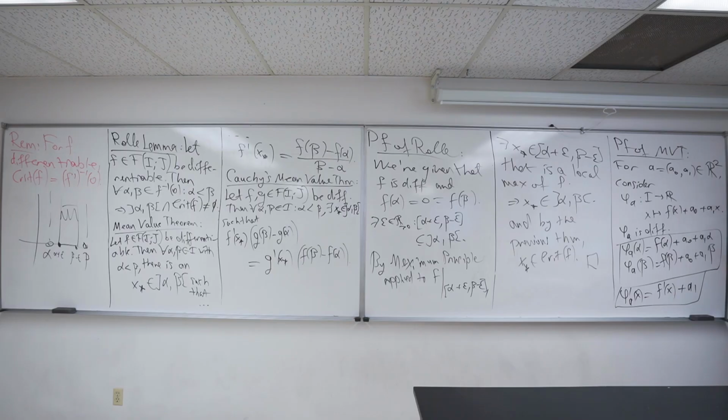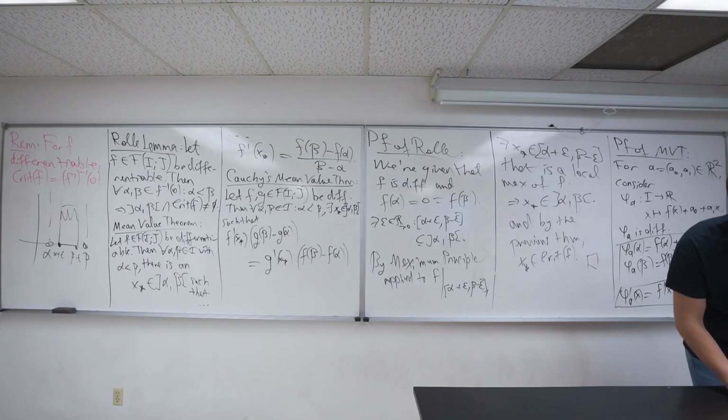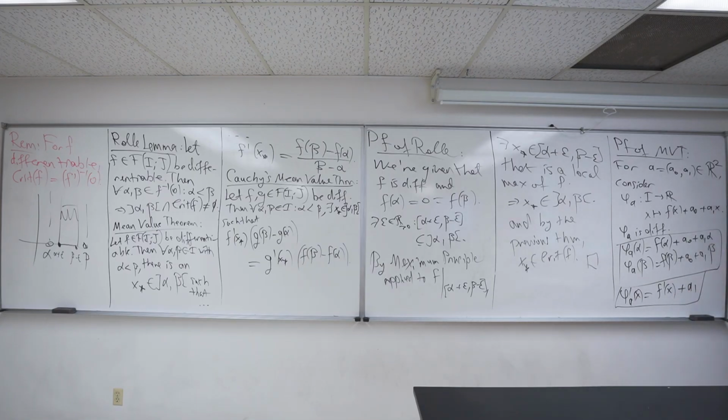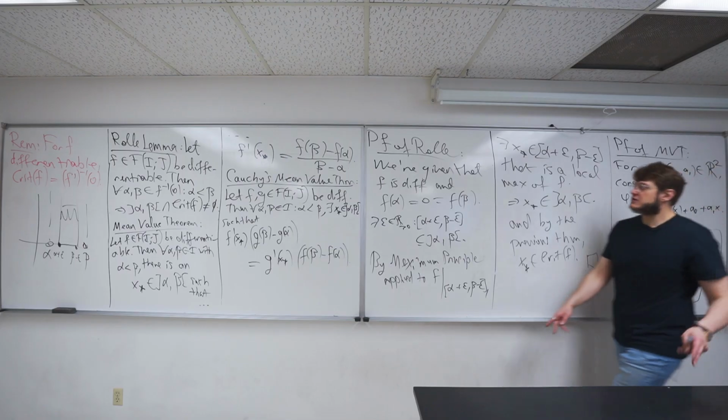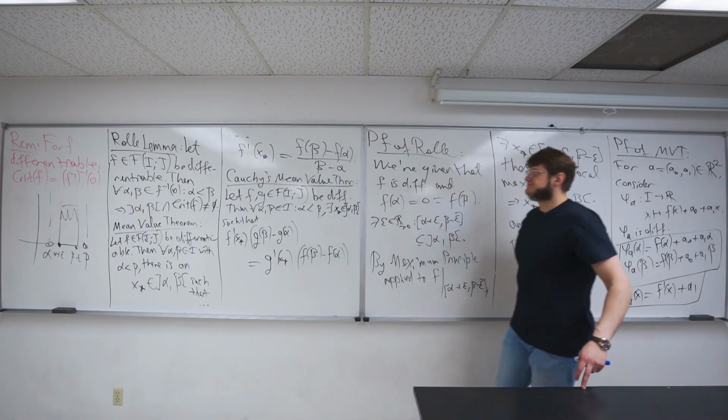Now, what I want to do is this. I want to choose specific values A0 and A1 so that if I apply Rolle's lemma to phi sub A, I'm done. Furthermore, I want the critical points of phi sub A to be the same thing as solutions to this equation.